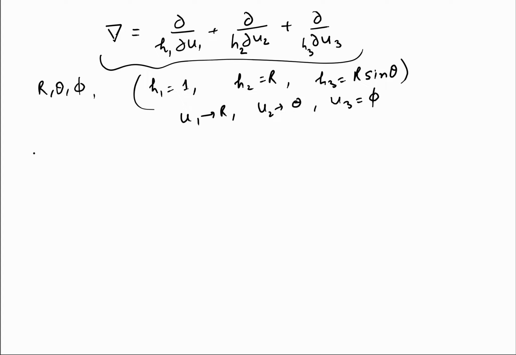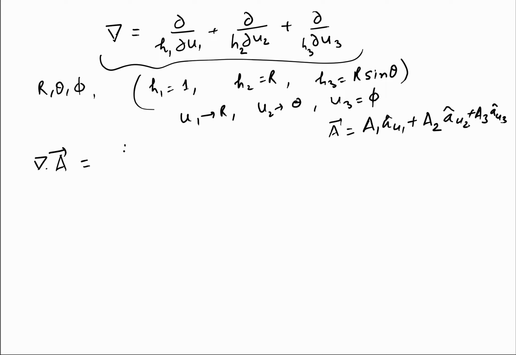We have also seen that divergence in a general coordinate system can be written as del dot A, where A is a vector with components A1 in the u1 direction, A2 in the u2 direction, and A3 in the u3 direction.